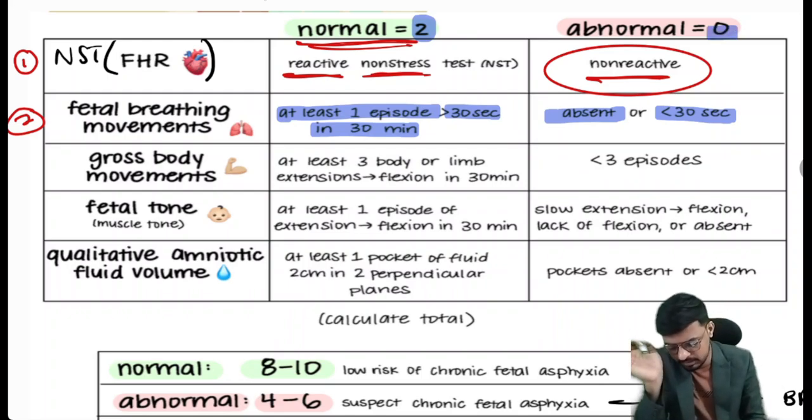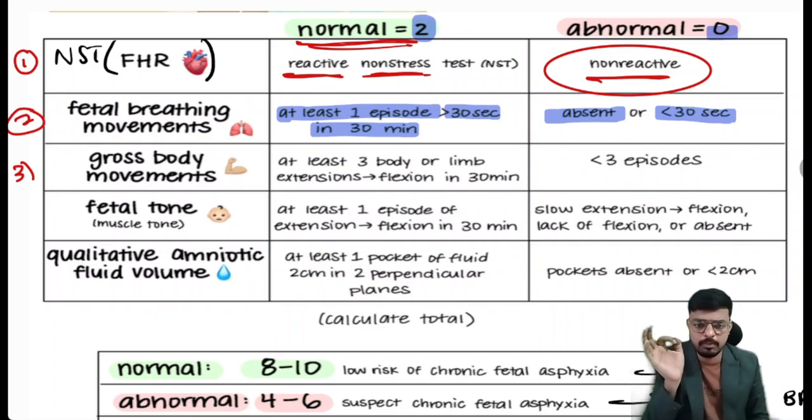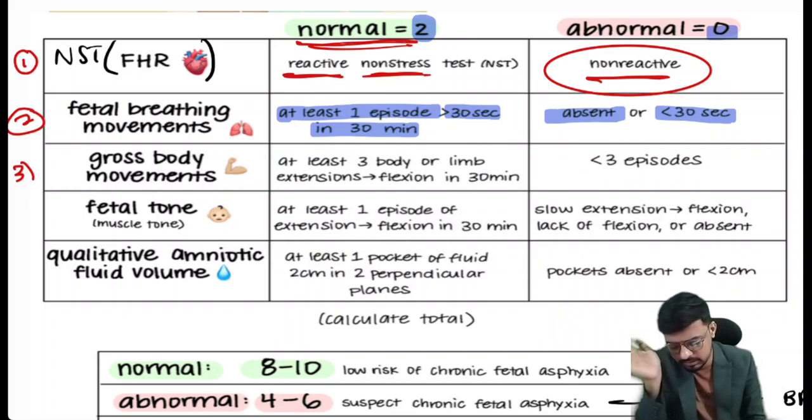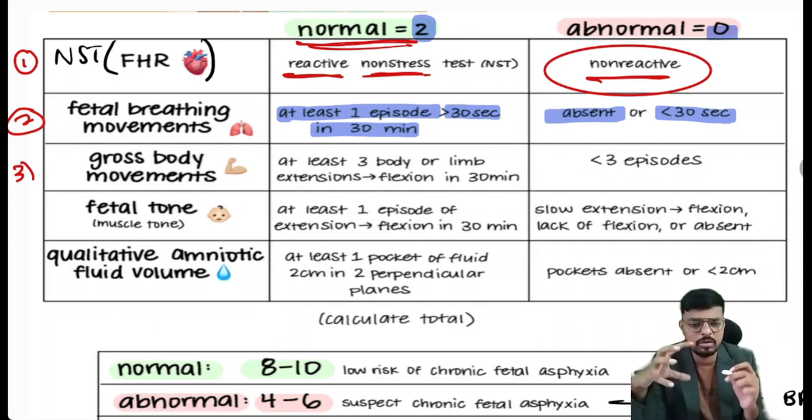Then comes the third important component, the gross body movement. Here we look at the entire body movements, especially the upper and lower extremities.